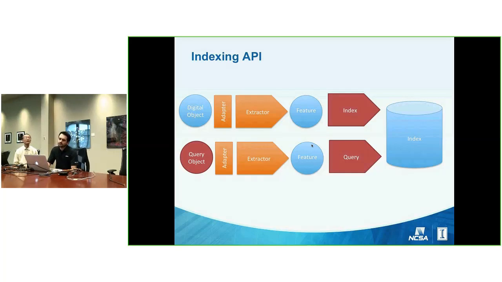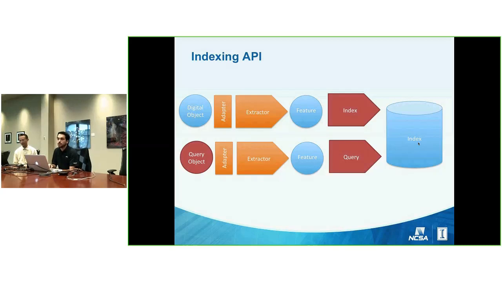So this diagram might be a little confusing, but think of this first row. This happens every time you want to add an object to your collection, which is your index. Let's say you have a million files. You go through each one of them, and they get added to the index. Now you come in and you say, I want to find something in this collection.